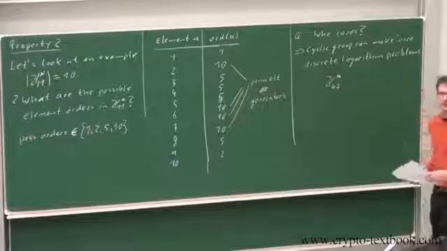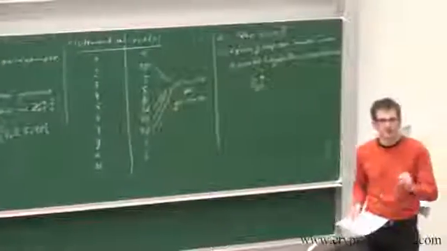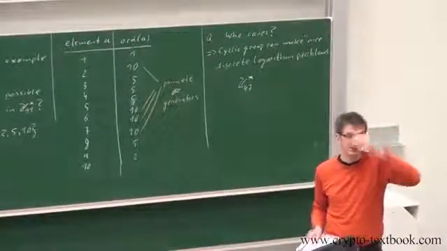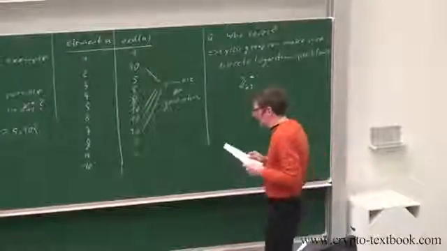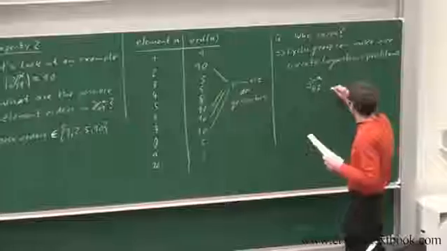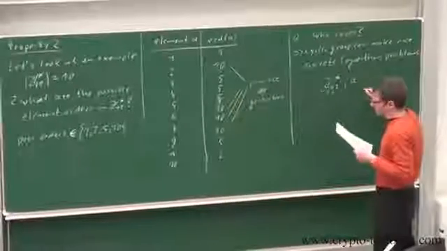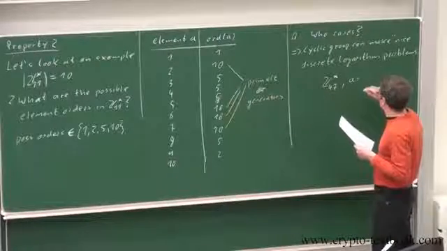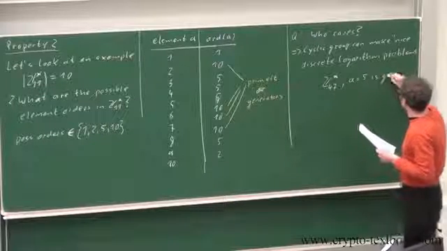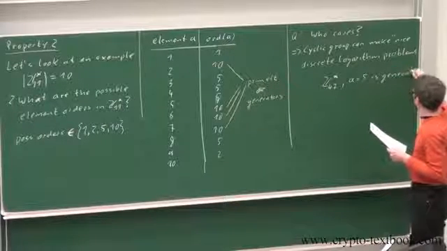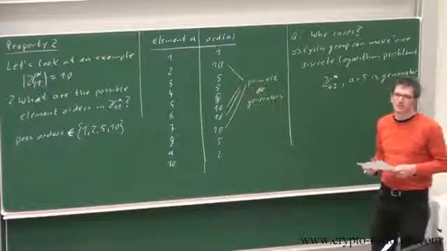So, let's look at Z47. 47 eine Primzahl, 47 is a prime, so a little bit bigger group than this Z11. And now I give you one number. A equals 5 is a generator.